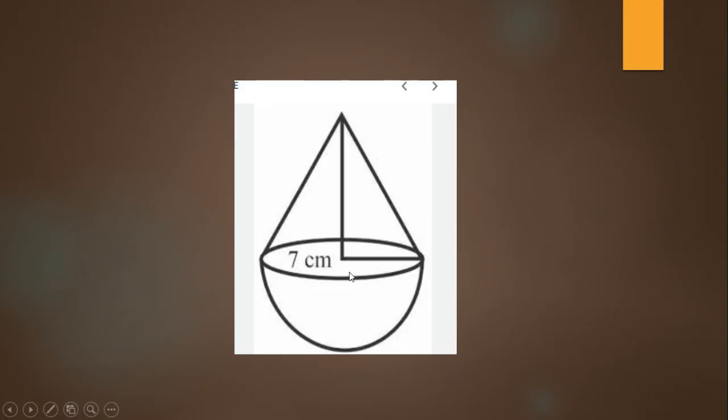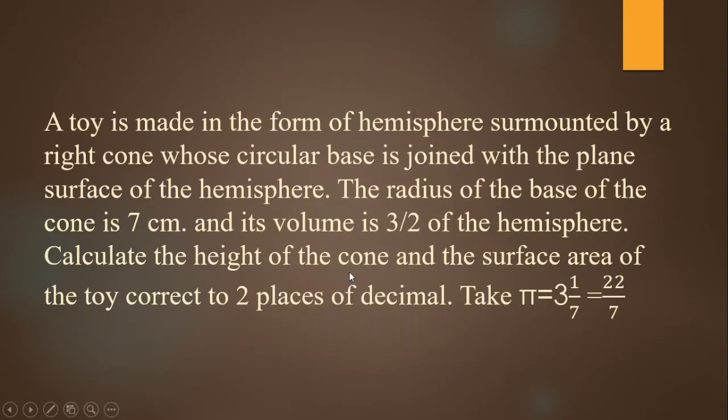And one more point is given: the cone's volume is 3 by 2 of the volume of the hemisphere. There is a relation between the cone and the hemisphere. These 2 points are given in the problem.